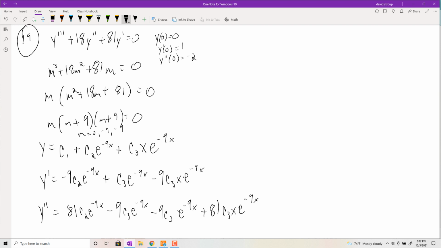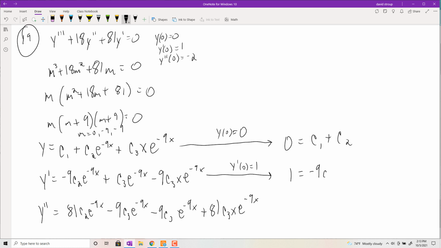Okay, so y of 0 is 0, so plugging that into this equation, I get 0 equals c1 plus c2, right? And then c3 times 0 times e to the 0 is just 0. Okay, so next guy, plug in y prime of 0 is 1, so I get 1 equals -9 c2 plus c3, and then minus 0.